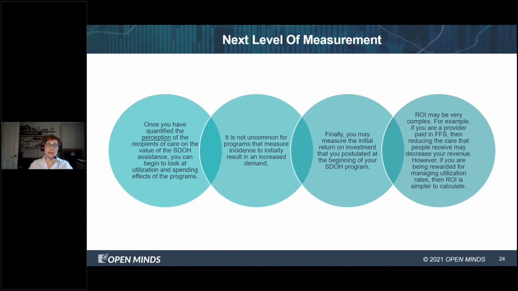So as an example to this, there is a clinical program put in place by a physical health managed care company where they added medical expertise to an intensive community-based service.